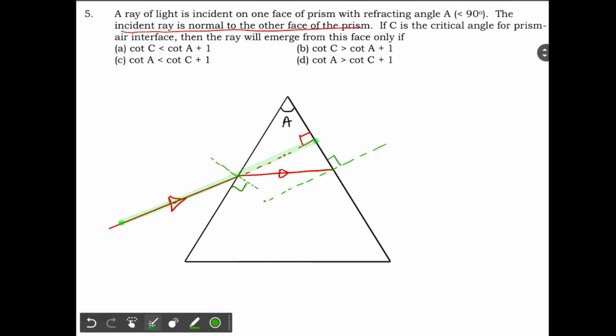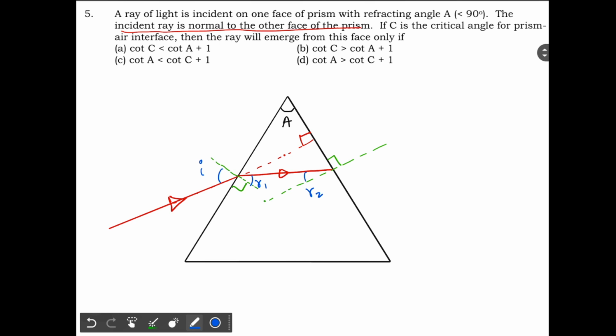Now the question is asking, the light will come out from this surface only if which of the options will be true. So let's first write the values. So this is your angle I, this is R1, R2, okay.